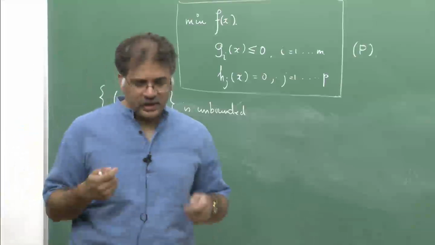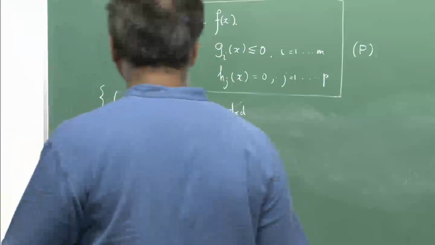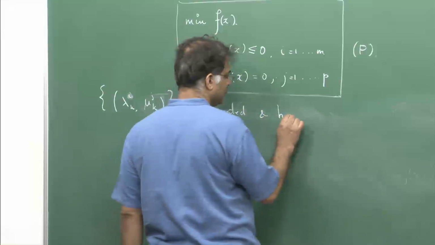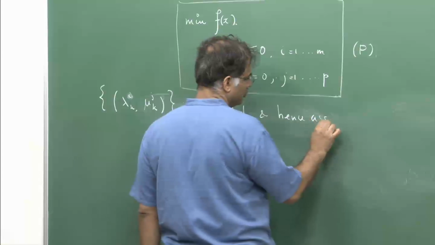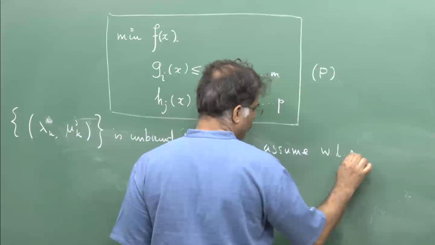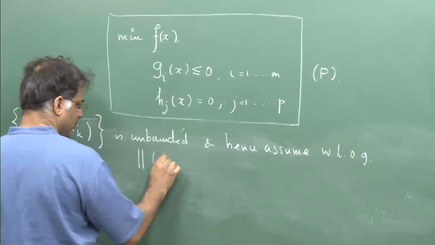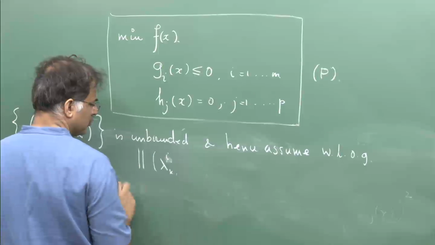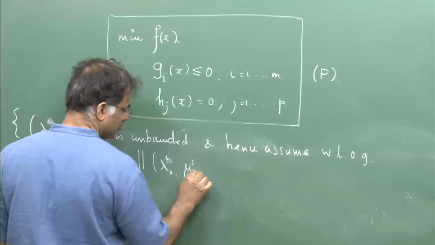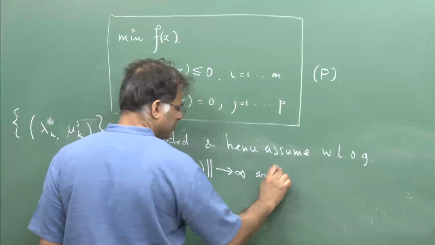So, without loss of generality, meaning without trying to relabel and making things look a bit complex, we assume, and hence assume, which mathematicians use this symbol very much, without loss of generality, that the norm of this vector is going to infinity as k tends to infinity.